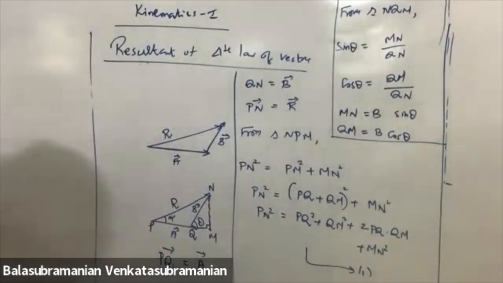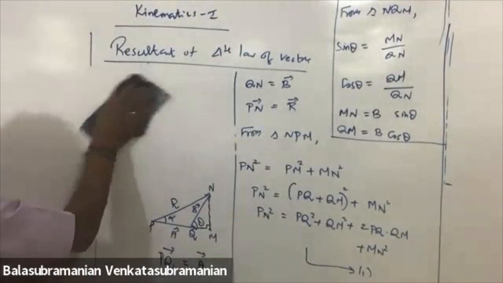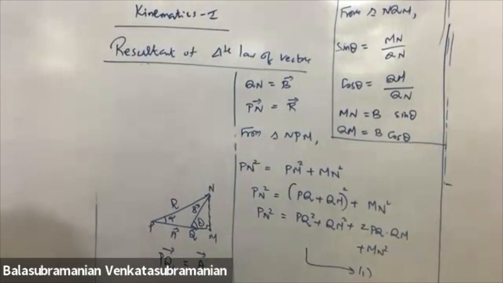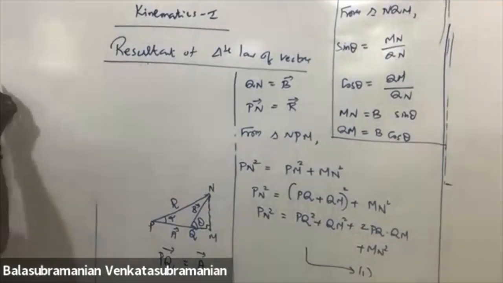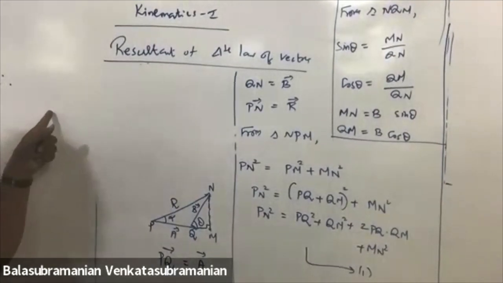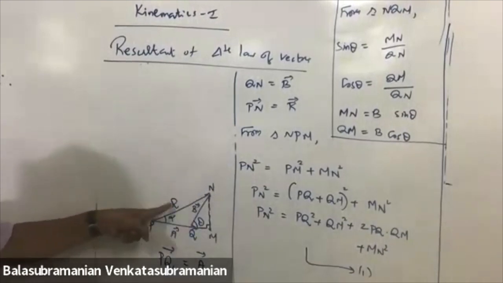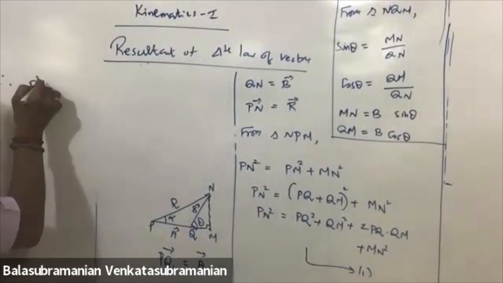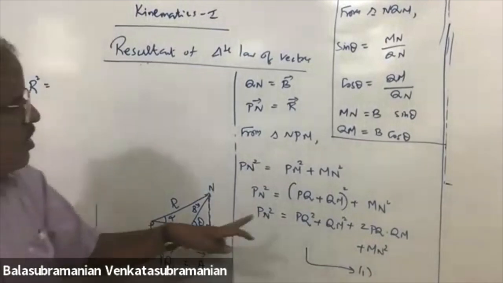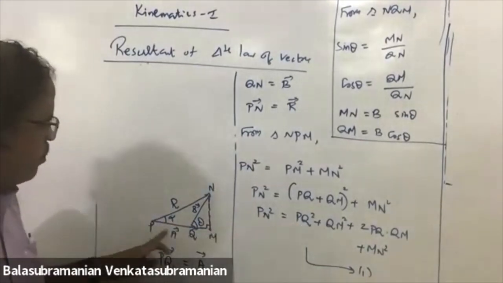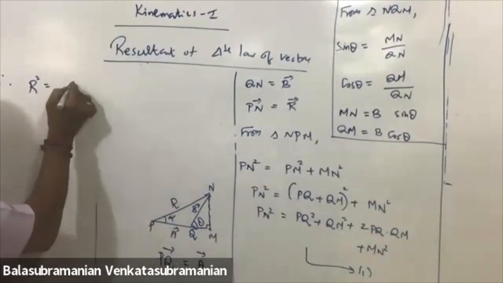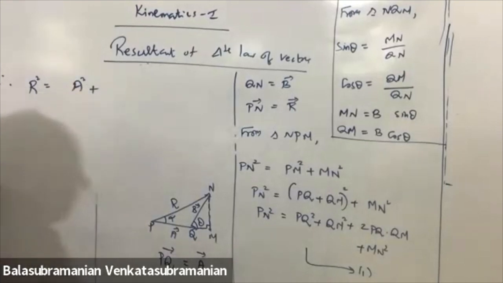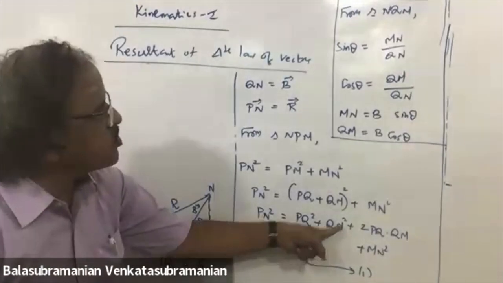What answer? Therefore, PN square. What is PN square? R square is equal to PQ square. PQ is nothing but A square plus QM square.